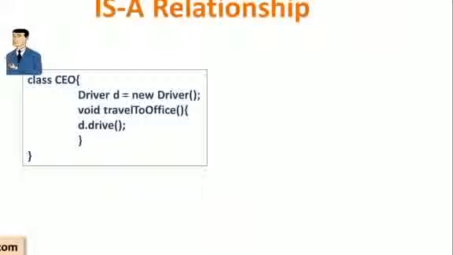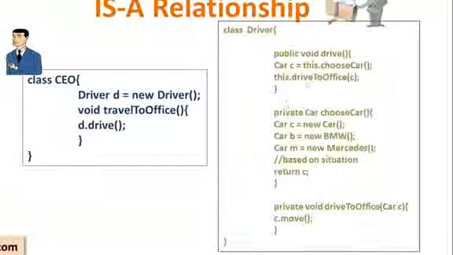So let us go ahead and see how the total functionality works. To implement it, the CEO calls the driver's drive method, and in the Driver class, the first step of drive is to choose the car.